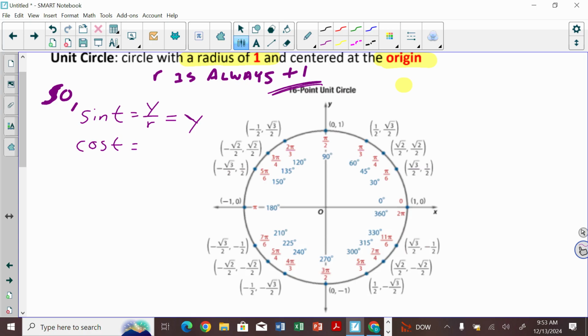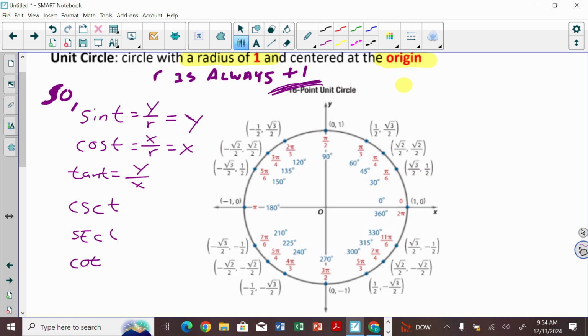So cosine of t is x over r, but basically it's just x because we know r is equal to 1. Tangent is going to be a little bit different, because tangent is still y over x, so we can't really change that. We'll have to have a ratio. And the other 3 are just the reciprocals of those again.